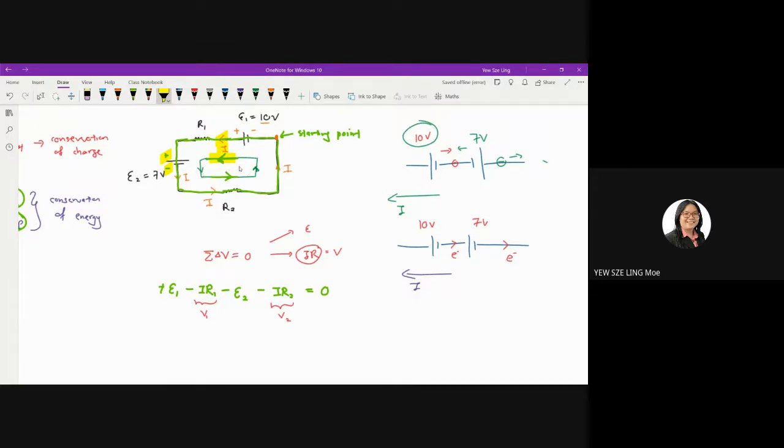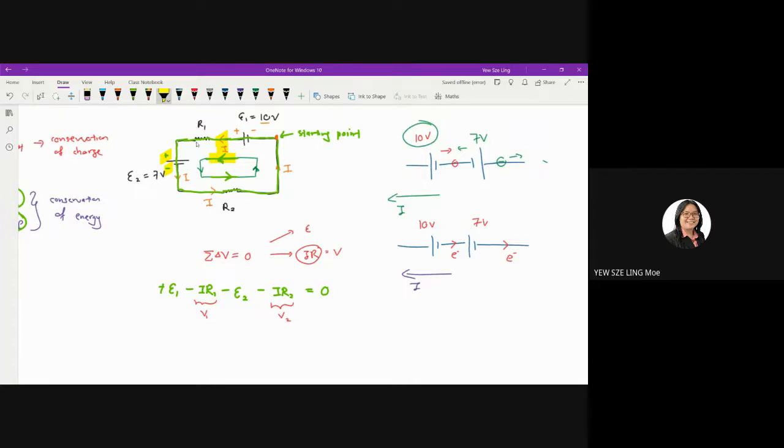So this green color is your imaginary path. You imagine how the current flows. This orange color is the actual path. If the actual path and the imaginary path point in the same direction, then yes, you get negative, because it is dropping.